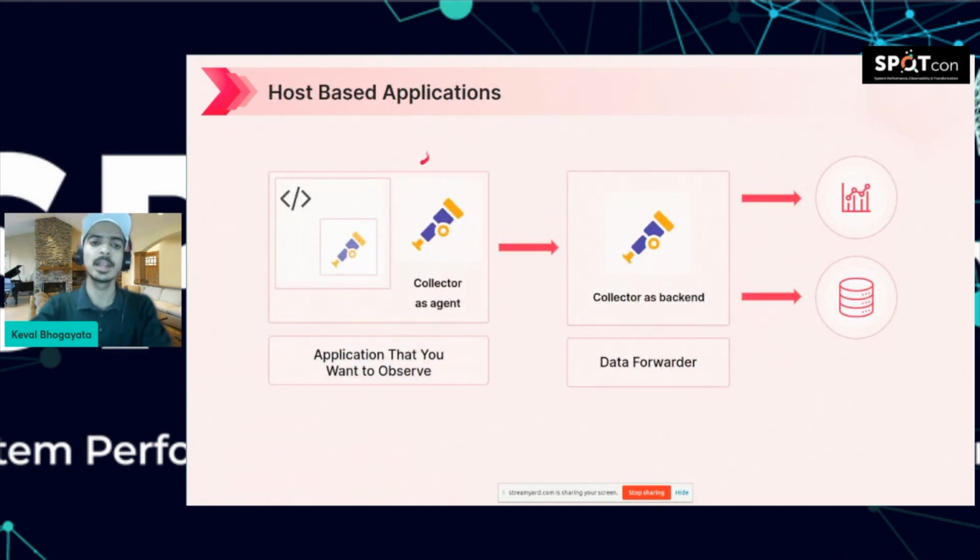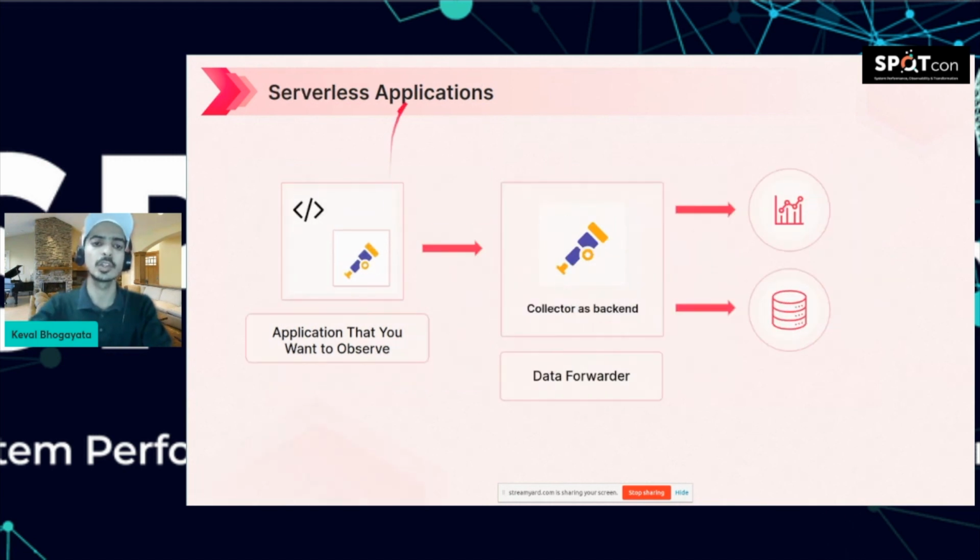OpenTelemetry recommends that you use the host-based approach whenever possible, because if you have an infrastructure OpenTelemetry collector, it will make a single stable connection, and it will be more resource optimal by the setting. But if you have no choice, you can directly send data from your library to your backend.